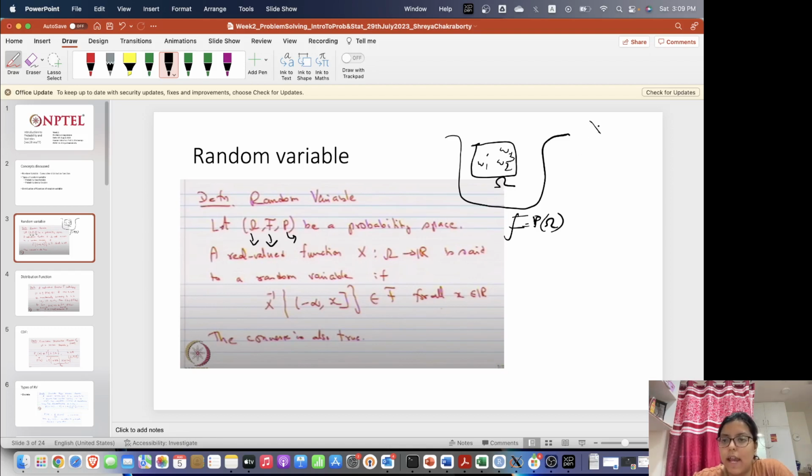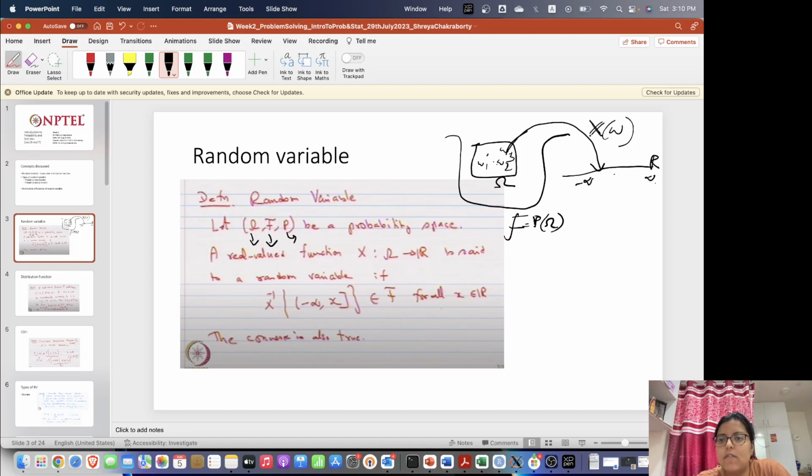So what X will do, X will take events defined on this omega, and it is going to map these to a real valued function, where this is the real line.